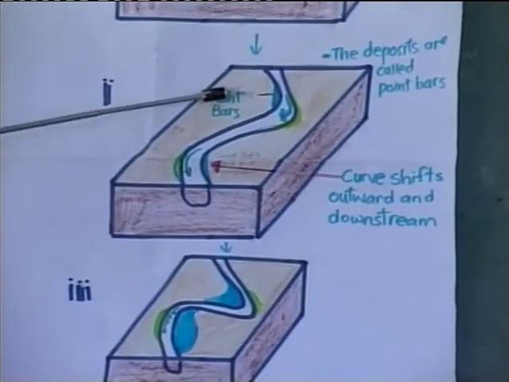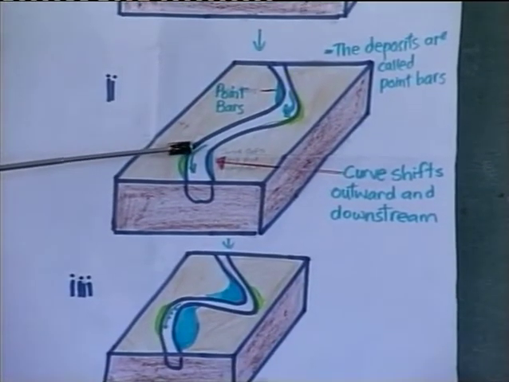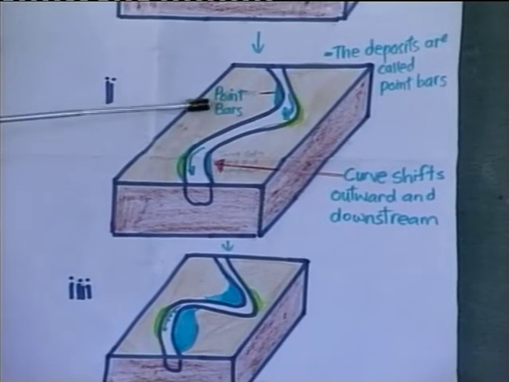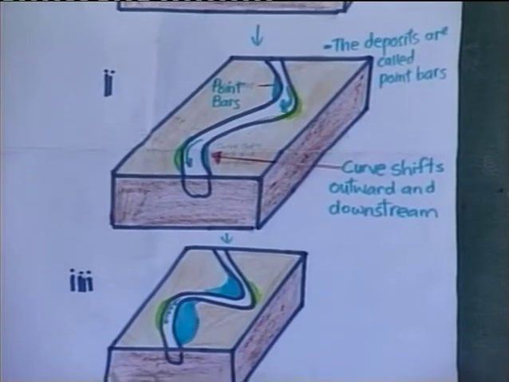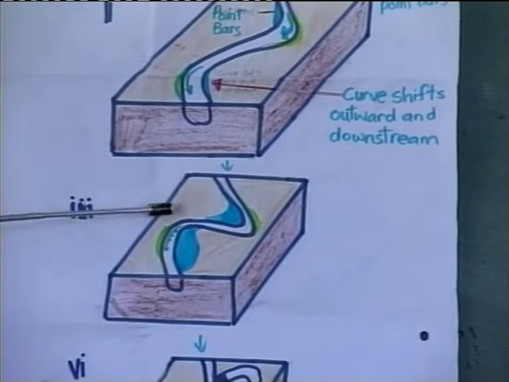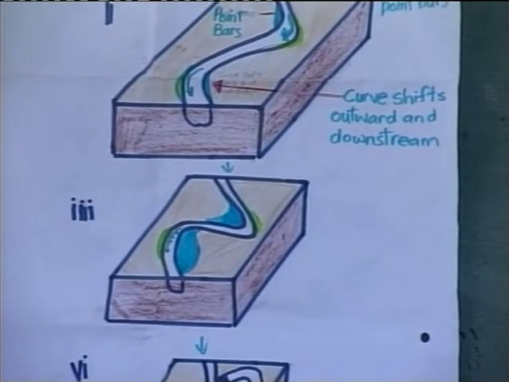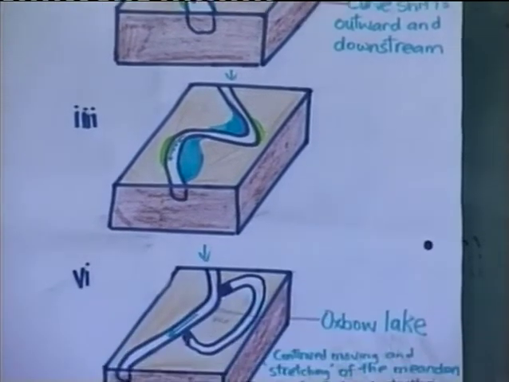The deposit on the inside of the meander is called a point bar. So continued moving and stretching of the meander eventually leads to it being cut off and isolated as an oxbow lake.